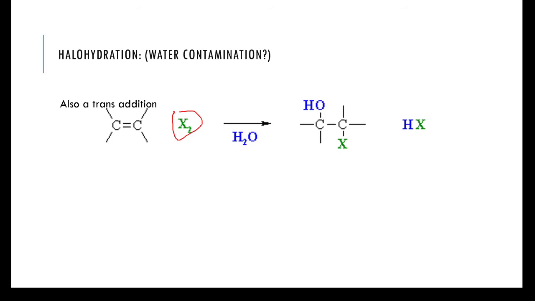You go and wash your glassware before doing the experiment and it has water in it, you're not going to get your anti-halogens across the double bond. What'll happen is one of your halogens will attach, but then the OH from water ends up being a better nucleophile than the halogen itself, and will bond and beat the second halogen to the punch.